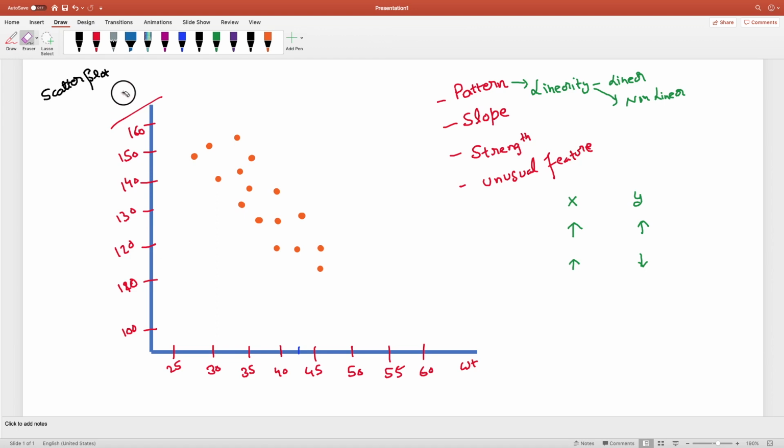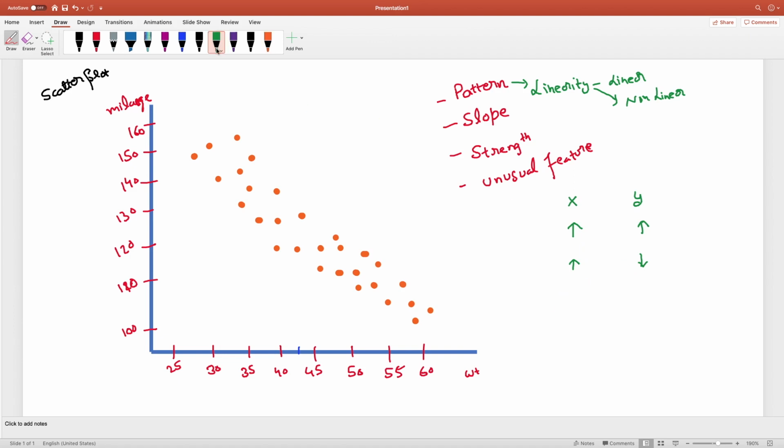For example, instead of height, we can keep weight, and then we can say mileage of a car. If the weight of the car keeps on increasing, then the mileage keeps on decreasing over a period of time. Or you can say the petrol price keeps on increasing, then the number of sales of the car keeps on decreasing. So we can give multiple examples wherein x is increasing and y is decreasing.